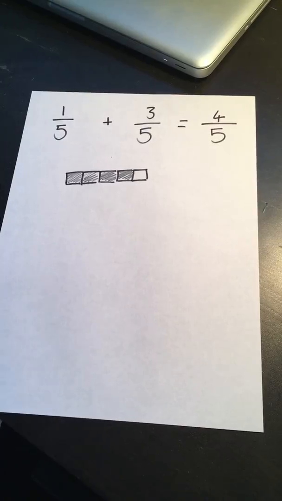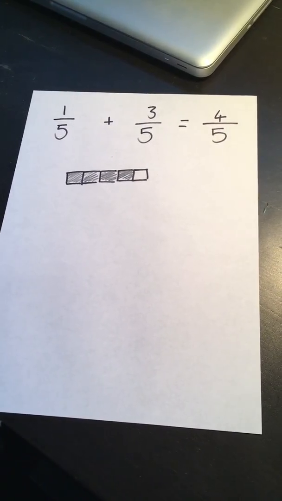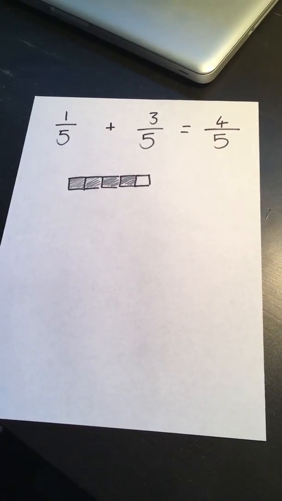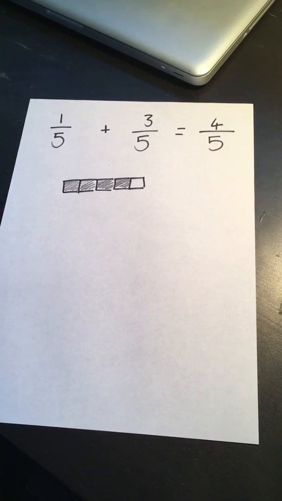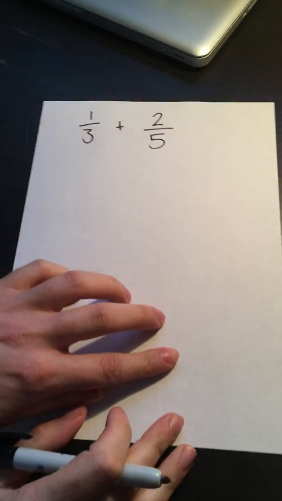Now this method works for both the addition and subtraction of fractions, providing they are alike fractions. In Year 5, the National Curriculum also states that children need to be able to add and subtract unalike fractions. So I'll give you an example of an unalike fraction.